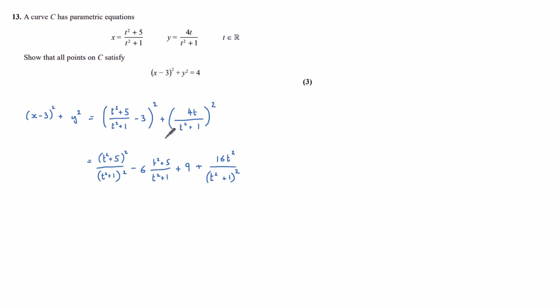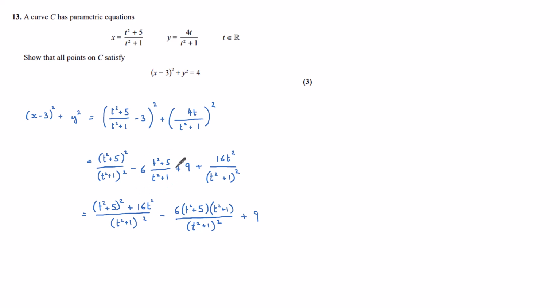And then we have plus, when you have a fraction all squared, that's the numerator squared, so 4t squared is 16t squared over (t squared plus 1) all squared. So I can bring the t squared plus 1's together. So I've got (t squared plus 5) all squared plus 16t squared, over my (t squared plus 1) all squared. These fractions have the same denominator.